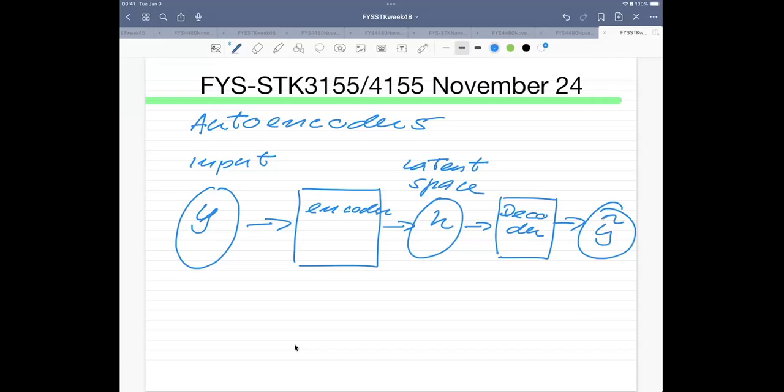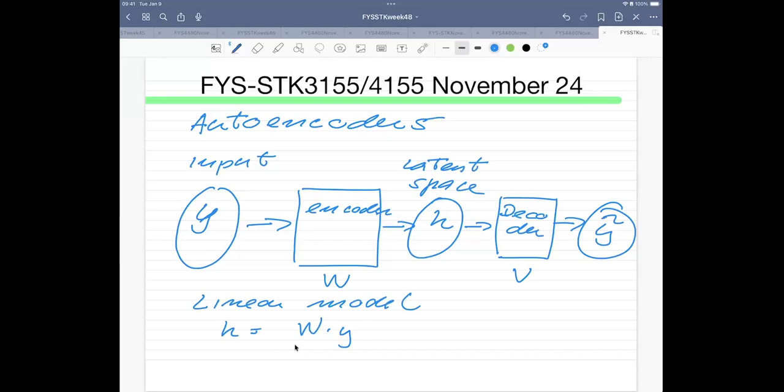Now, this H, when we have trained a model, is going to have some weights, W and V. So if we are now going to make a linear model, what we are going to assume is that this H is given by W, and I'm skipping a bias, times Y. So W is now a set of parameters which we are going to train.